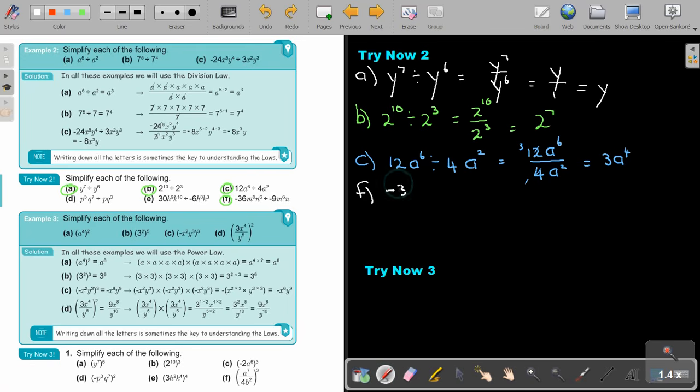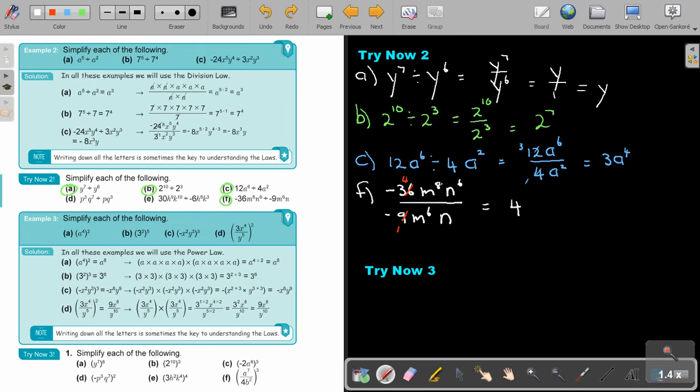It's negative 36 m8 n6 divide negative 9 m6 n. So if I start, 9 goes into 36 four times. Okay, and a negative divided by a negative is a positive. So it's actually going to be positive 4.